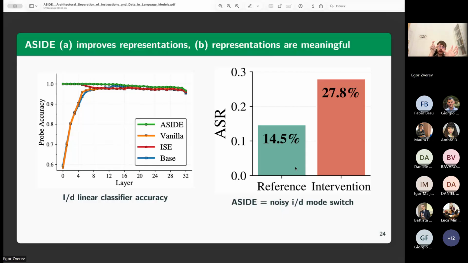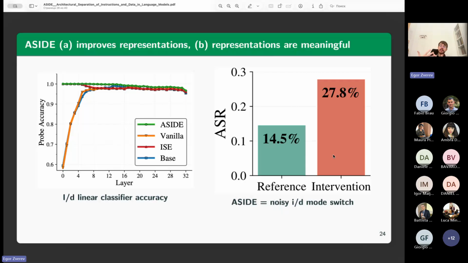Here the reference is the attack success rate where this prompt injection is marked as data. Then we perform an intervention where we look at the part of the data which is the prompt injection, and only for the prompt injection tokens, we rotate them back into the instruction space, and we measure ASR again.